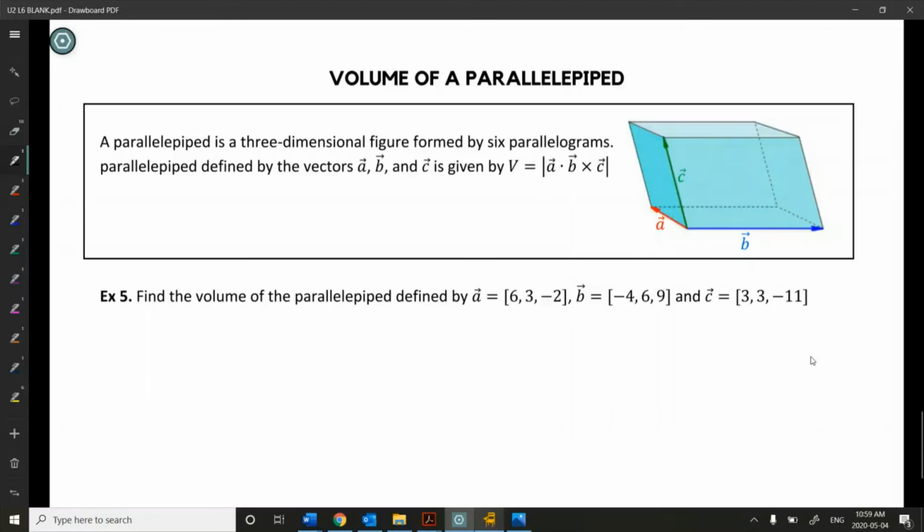So basically, to find the volume, we simply want to cross two vectors, dot it with the third, and because the result of the triple scalar product is in fact scalar, these bars right here actually don't represent magnitude, they represent absolute value. So basically, we're just taking the answer and making it positive. Of course, we know that volume needs to be a positive answer.